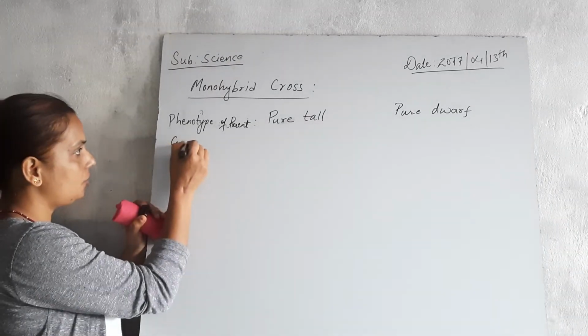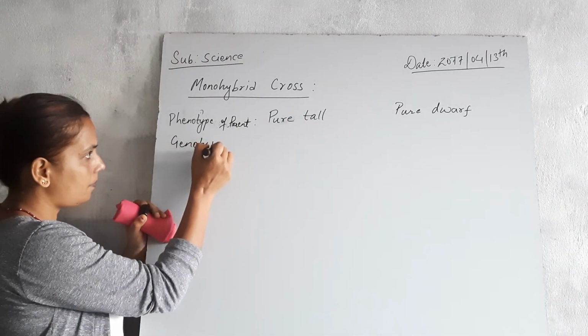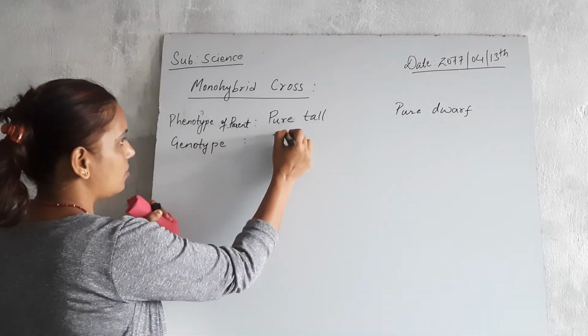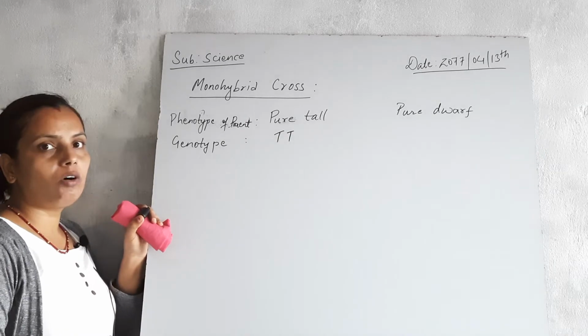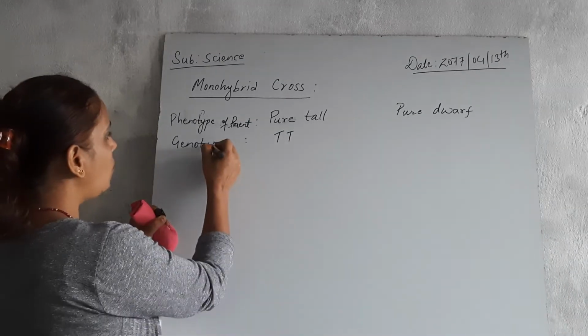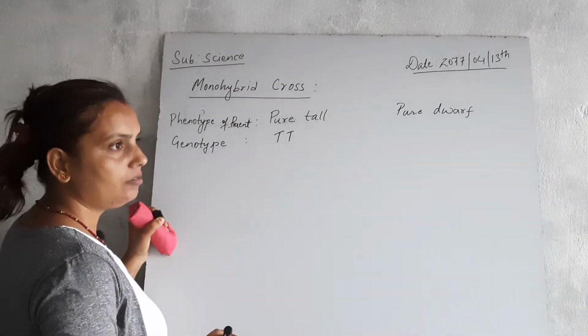Then the genotype. Pure tall genotype means, since according to Mendel tall is the dominant character, the genotype of tall is represented by the capital T.